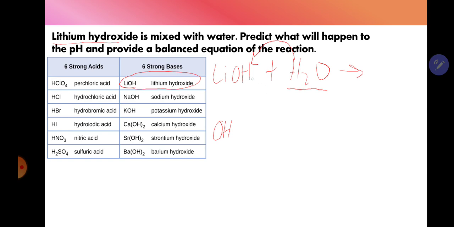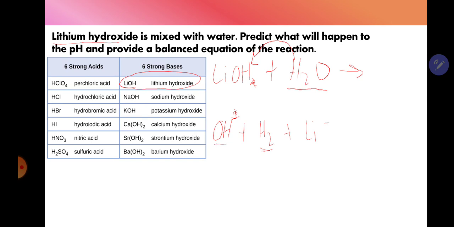But we're not just going to stick a 2 right there, because that's not what happens. When we stick lithium hydroxide in water, we start seeing lots of bubbles because we have this huge reaction. And we start to see hydrogen gas and more lithium ions. So this hydrogen gas is the bubbles that we see.